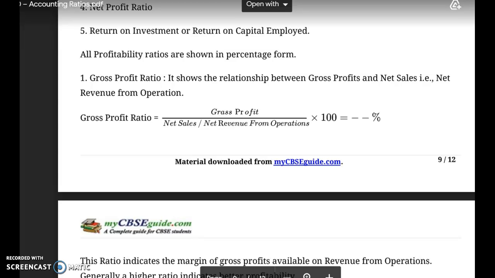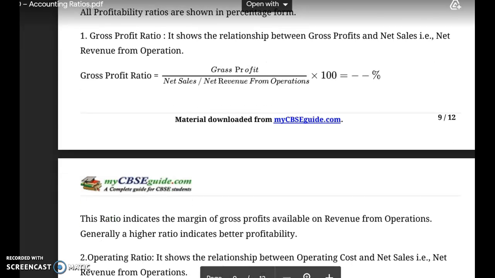So net sales or net revenue from operations means total sales or total revenue from operations less a very important element, that is returns. So this ratio shows the relationship between the gross profit and the net sales or net revenue from operations, multiplied by 100 if we want to calculate in percentage. If we do not want to calculate in percentage, we do not multiply with 100 and directly calculate. This way we will calculate the gross profit ratio.